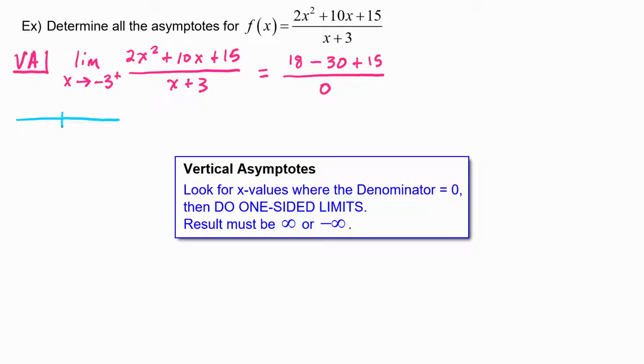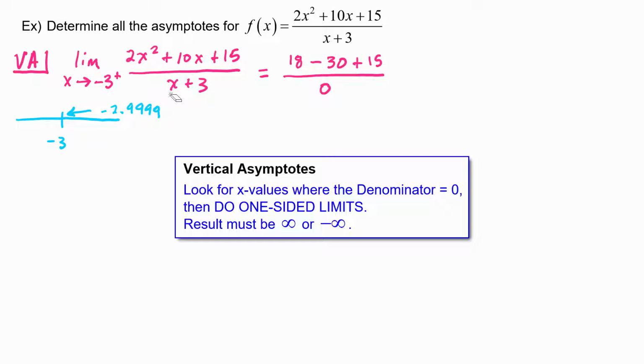Think of a number line. Here's -3, and if we are coming in from the right, then we are coming in through numbers slightly bigger than -3, so you think -2.999. Now this isn't actually what gets plugged in, you just use this value to think your way through.